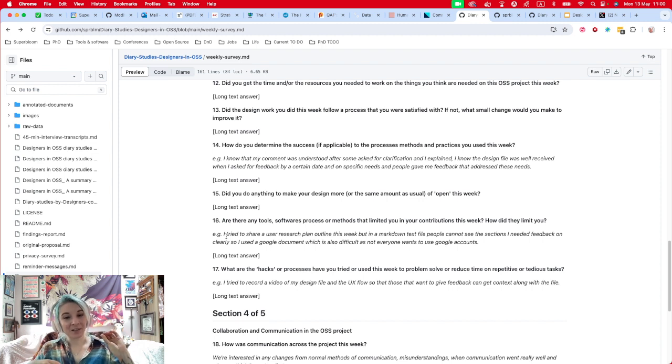So if the answer to this user research question looks like X, then if X, ask Y. If not X, then ask Z. So there can be quite complicated logic to user research documents sometimes, which is often easier to do in documents like Google Documents, right? You could do that in Markdown, but it would take a lot longer, I think, for a lot of people. You'd have to figure out how to do those things.